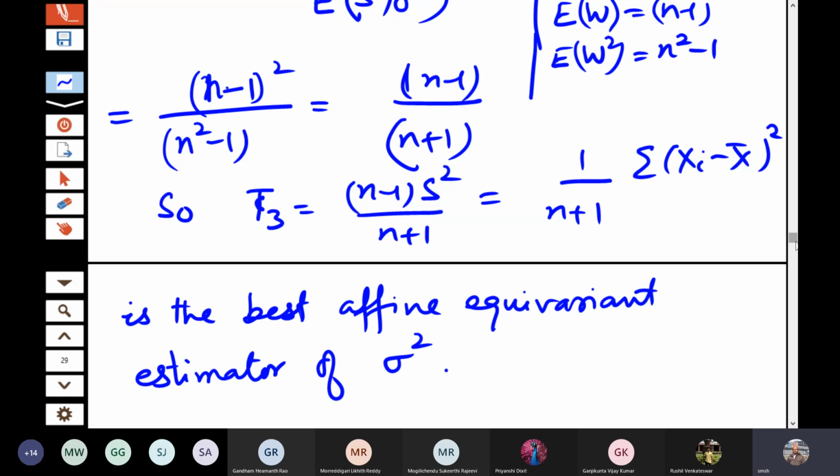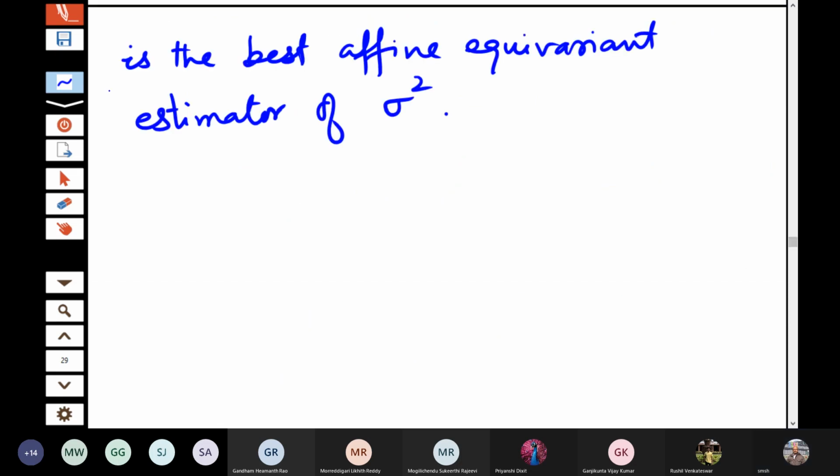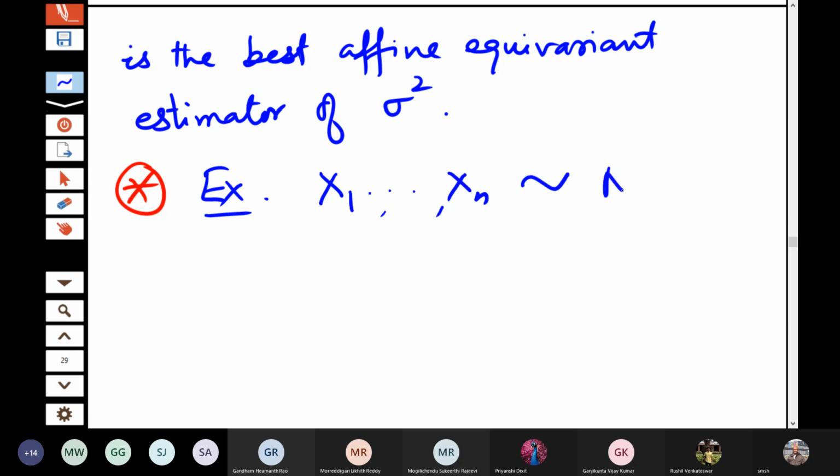So I give one exercise here. I have introduced earlier the quantile problem, that is mu minus sigma, mu plus sigma, mu plus minus 2 sigma, mu plus minus 3 sigma, in general mu plus eta sigma kind of thing.